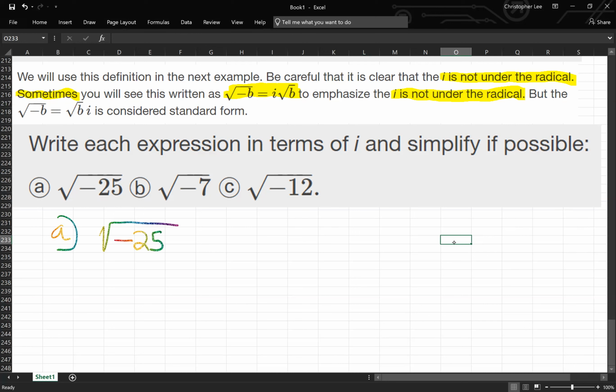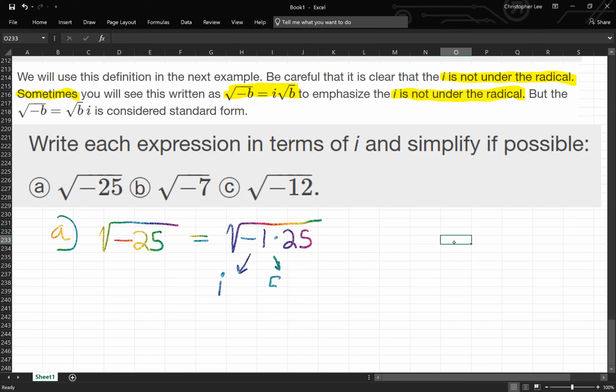If this was our homework, the answer to that would be not real. So what I'm going to do here is separate this, just like how we did before. This is going to be the square root of -1 times 25. Now, what I'm telling you is that the square root of -1 is I. This thing right here is I. And I forgot, what's the square root of 25 again? 5.